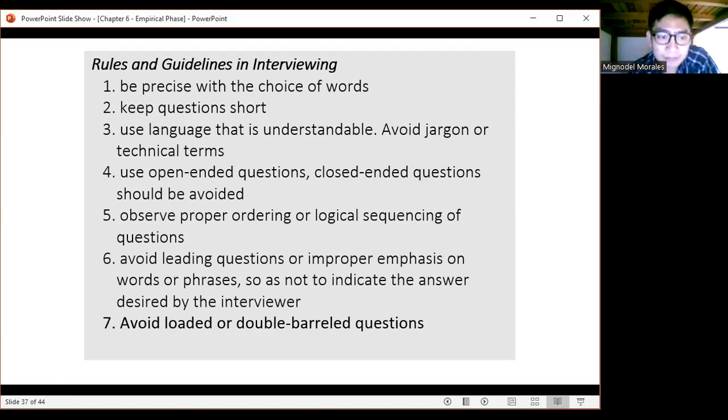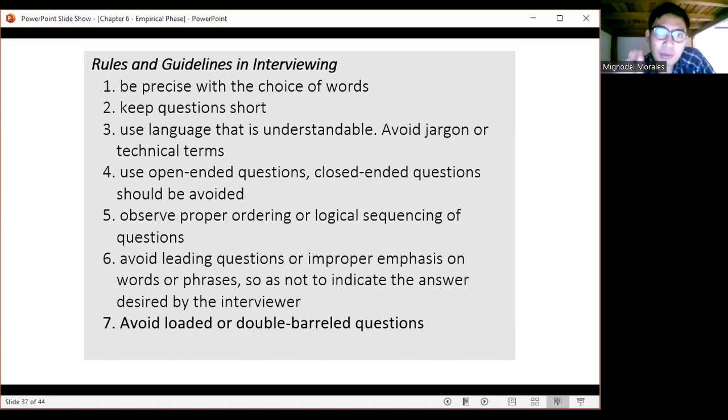So number 1, it must be precise and you must choose the right words. Again, be sensitive specifically on the words and the topic and the concepts and how you use these words, because some words could equate to discrimination and stigma.